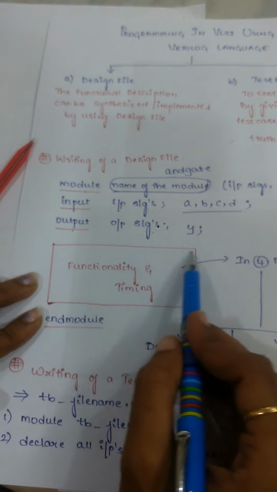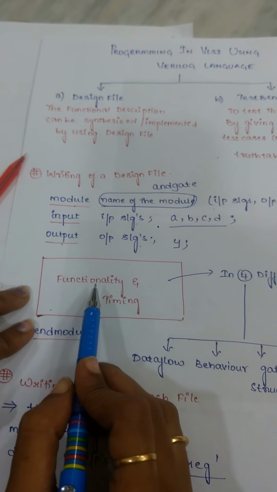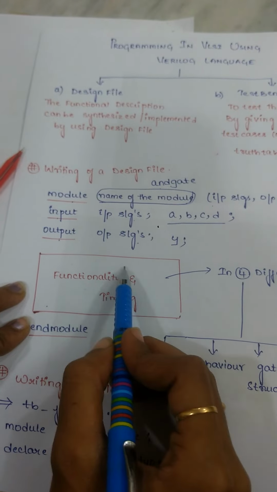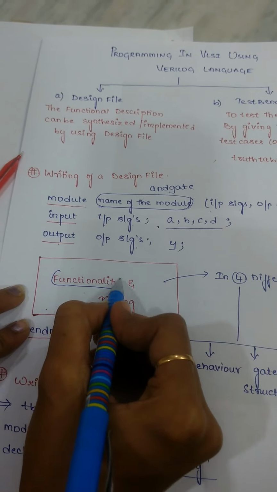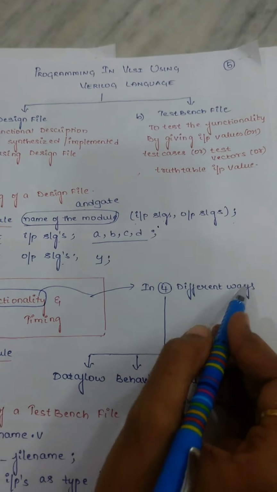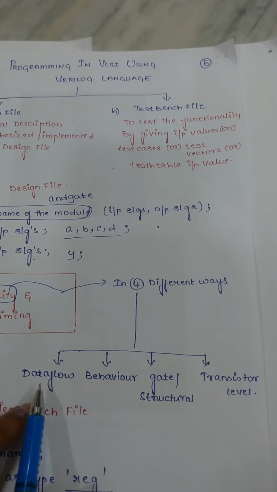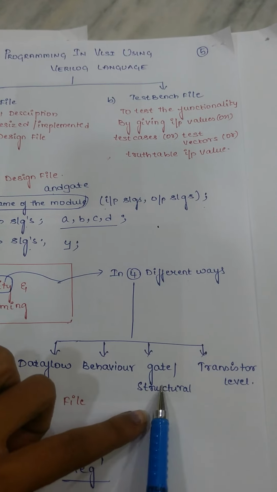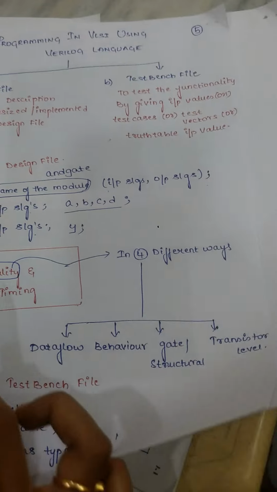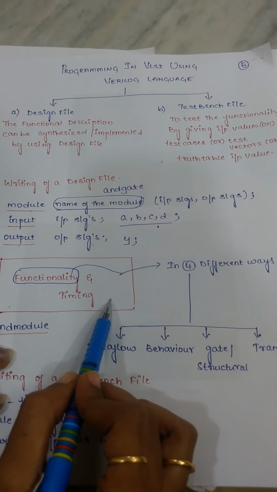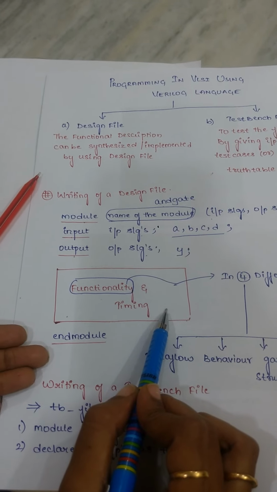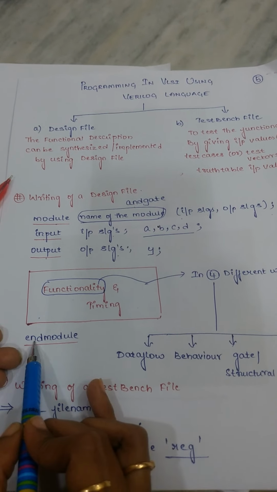The next thing is to write your logic, that is, the functionality. Whatever the expression is, it can be expressed in 4 different ways: data flow, behavioral, gate level or structural level. By using any one of these styles, you can write the functionality. Once the functionality is completed, you have to end your module, right? So end module.